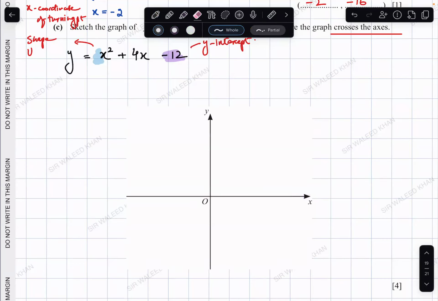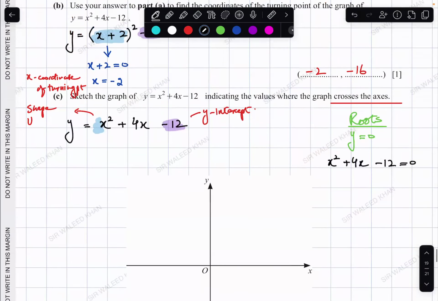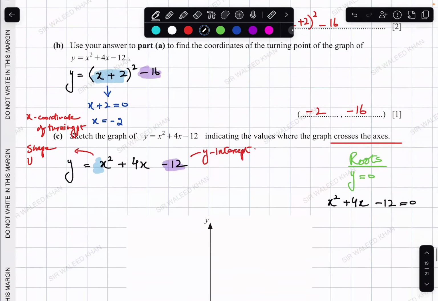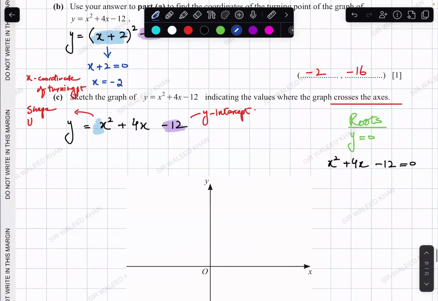The roots over here. How do we figure the roots out? Over here, the value of y is 0. So I can just plug in the value of y is 0 and write it like this. We can see a quadratic equation, and I can solve it either by middle term breaking or what we have already done over here. What was that? The completing square form. You can use both ways, right?